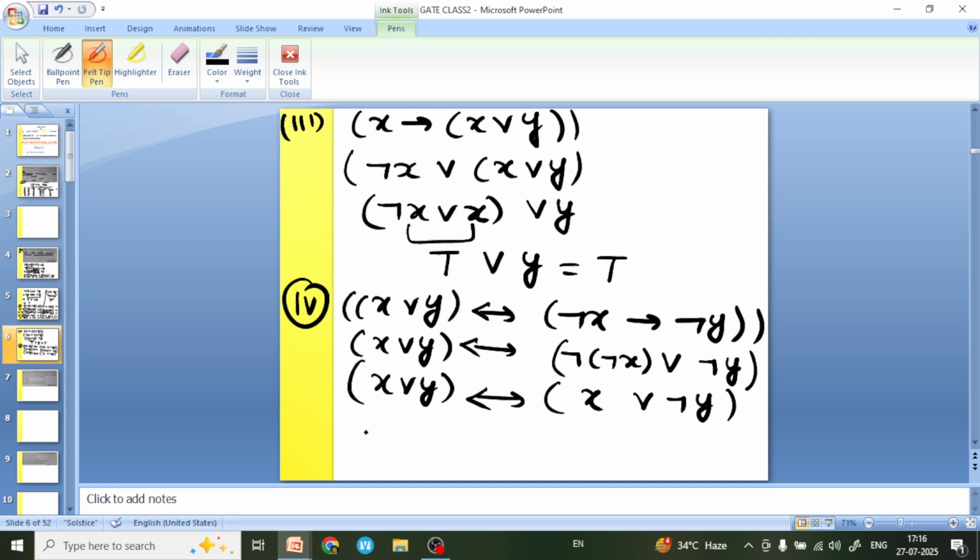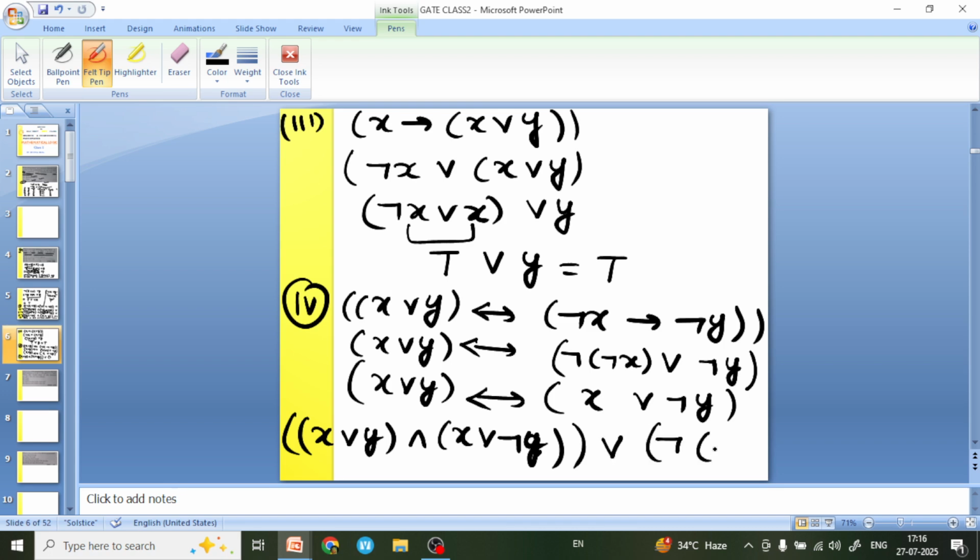You can write it like this: x, y, and x or not y, one time and, or negation of x or y, and negation of x or not y.